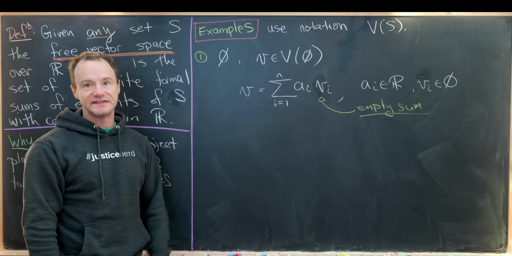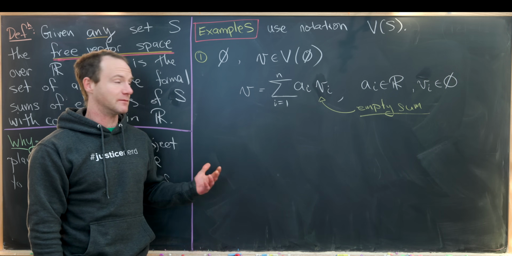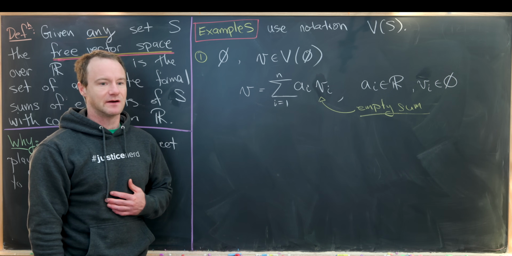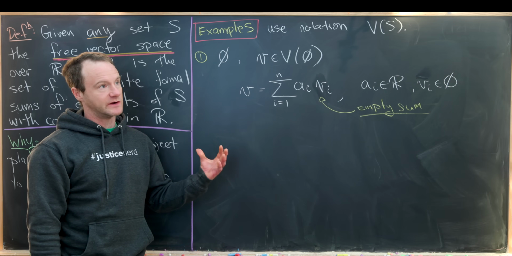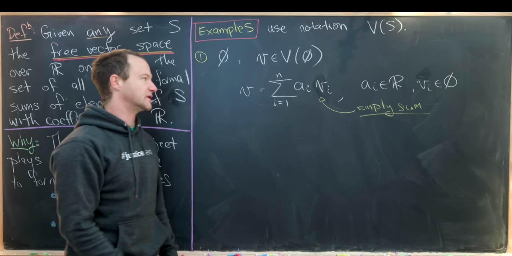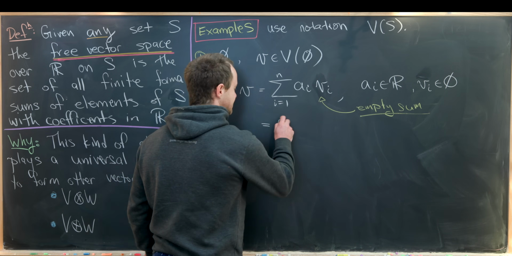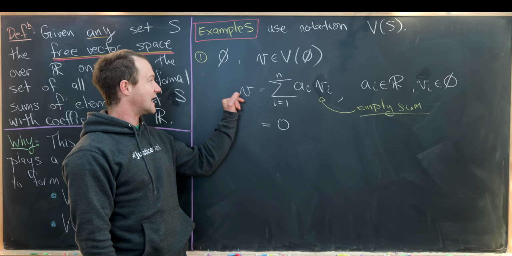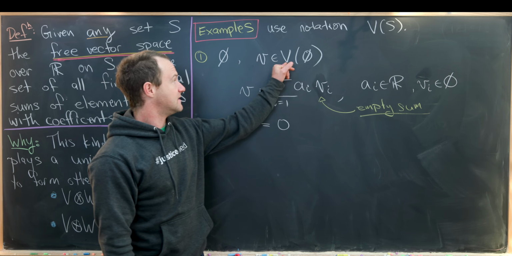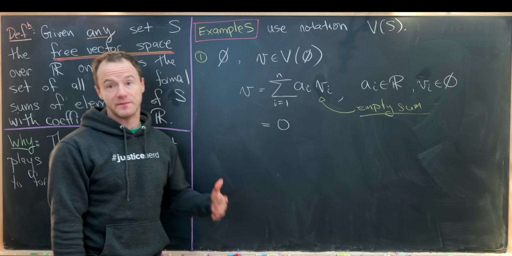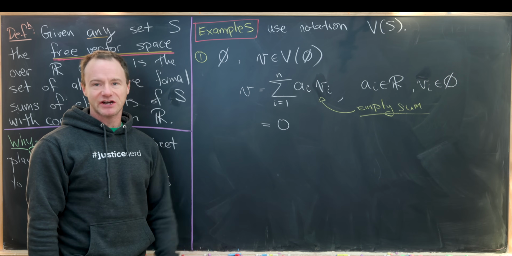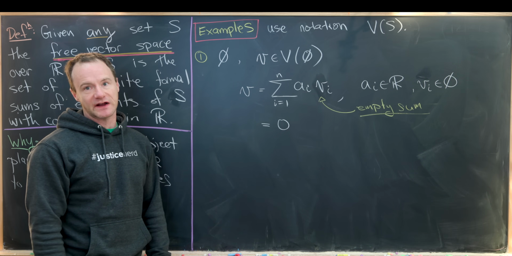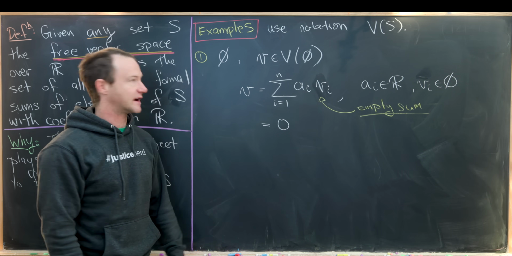Well, there's only one reasonable value for an empty sum, and that is the number 0. Just like there's only one reasonable value for an empty product, and that's the number 1. That's because 0 is the additive identity, while 1 is the multiplicative identity. So this equals 0. Now, this may seem like a problem because it looks like we've shown that every vector in this free vector space from the empty set is the 0 vector, but that's actually okay because there is a unique 0-dimensional vector space, which has just the 0 vector in it.